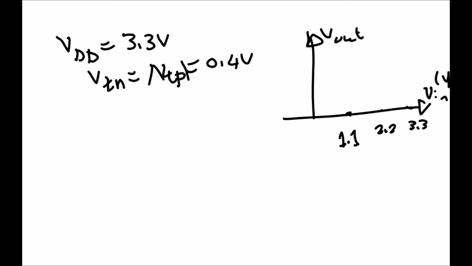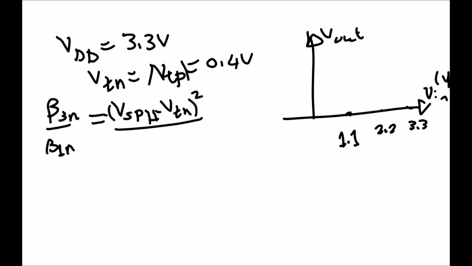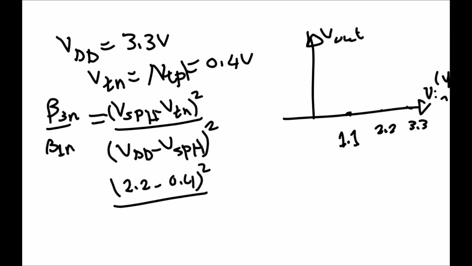So let's say this. First we will say beta 3n over beta 1n equal to V switching high minus VTN squared divided by VDD minus V switching point high squared. So 2.2 minus 0.4 squared divided by 1.1 squared, which means about 2.6.